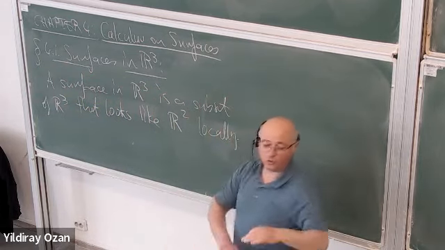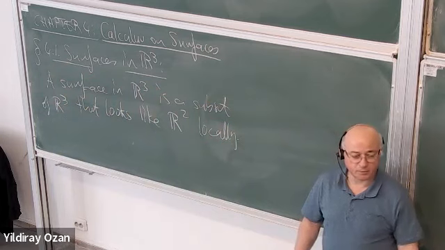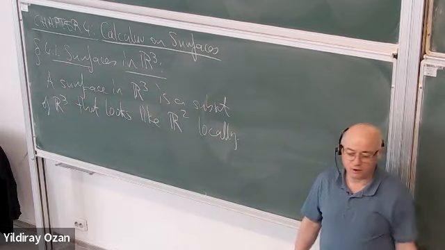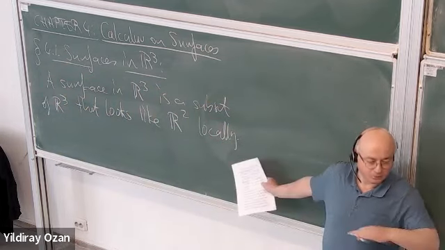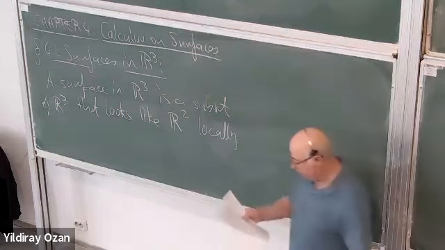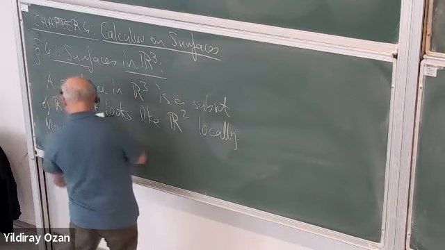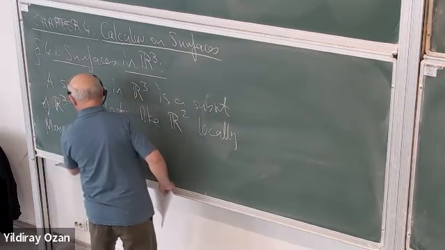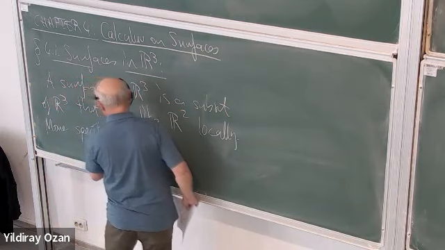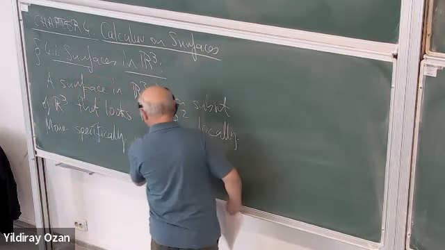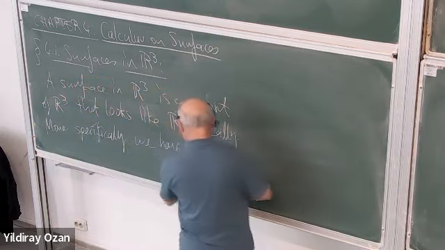So when you are on the surface at a point, if you look around, you will think that it is flat. Okay, it's like R2. More specifically, we have the following definition.